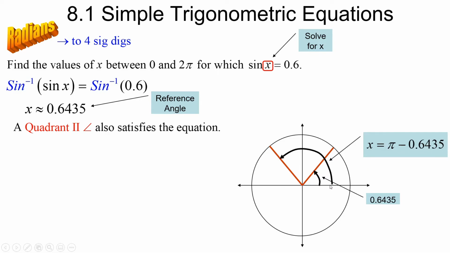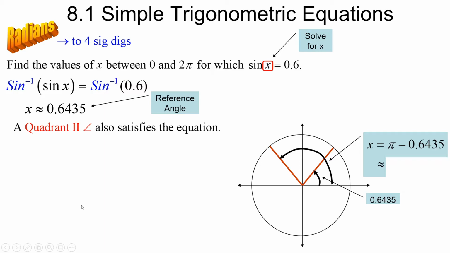And make sure you see how we did that. 1/2 revolution would be pi, and then take away the 0.6435 radians, and you have that angle right there, which is approximately, so let's punch this out, second pi minus 0.6435, and there we have it.